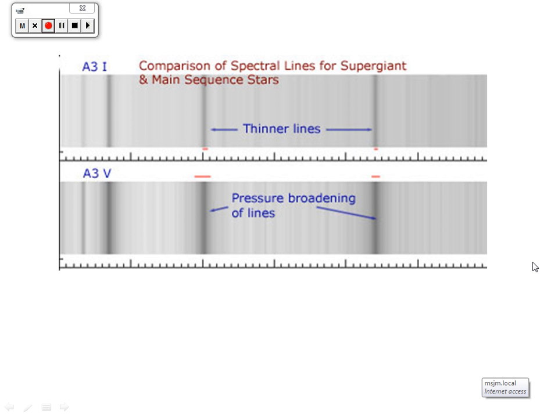And this is what we get. The top one here has thin, you see it's quite thin black lines, absorption lines. The bottom one here is thicker. Okay? Now, that's an A3 class star, so it's an A class and it's a third class of A, so its temperature is approximately 10,000.